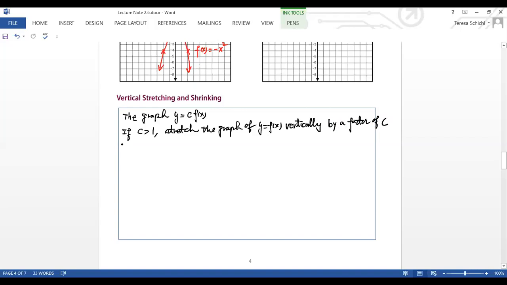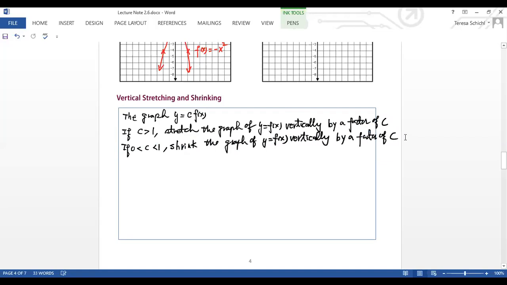If c is between 0 and 1, that means we shrink the graph of y equal to f of x vertically by a factor of c.